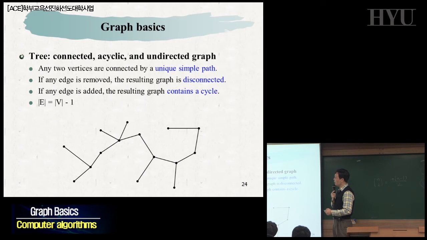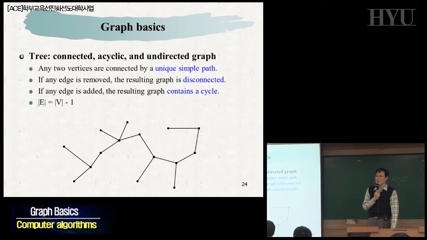And if any edge is removed, the resulting graph is disconnected. And if any edge is added, the resulting graph contains a cycle. Finally, the number of edges is 1 less than the number of vertices. Okay. I'll give you a couple of minutes to try to understand why it is true.